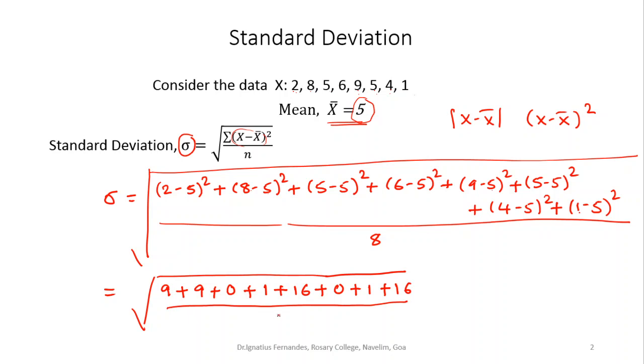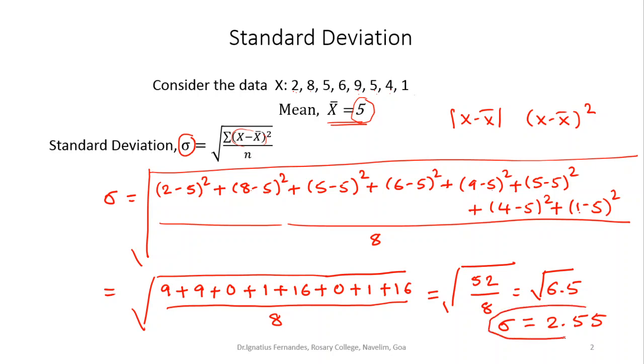This is divided by the 8 entries. So we add all of this: 9 plus 9 plus 1 plus 16 plus 16 plus 1 is 52, upon 8. So I have the square root of 52 upon 8, which is 6.5, and the square root of 6.5 is 2.55. So this is our standard deviation value.